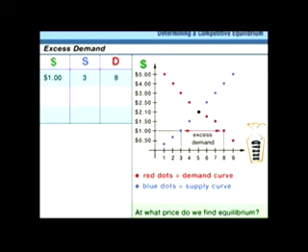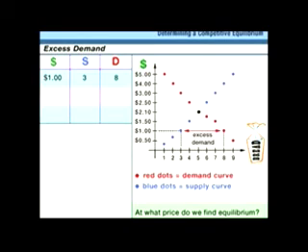That is, buyers are willing and able to purchase 8 loaves of bread at a price of $1. The fact that the quantity demanded is greater than the quantity supplied at a price of $1 means that we have excess demand, which is the difference between the quantity demanded and the quantity supplied. I'll label this with a little sign that says excess demand.